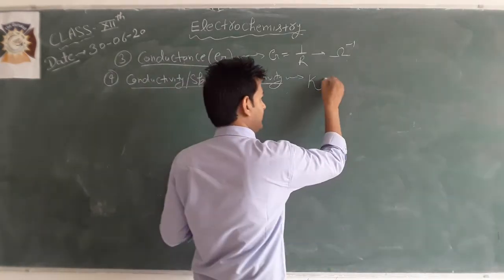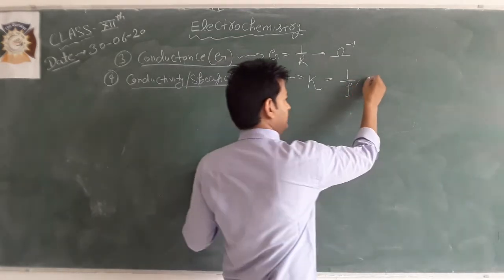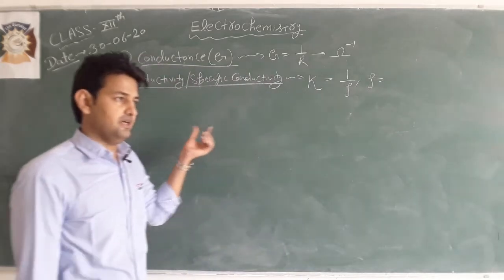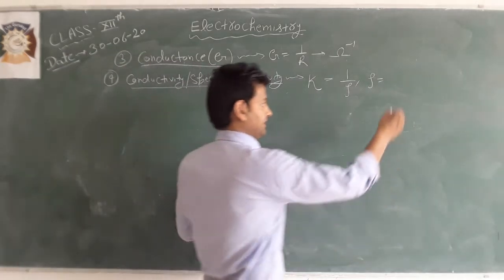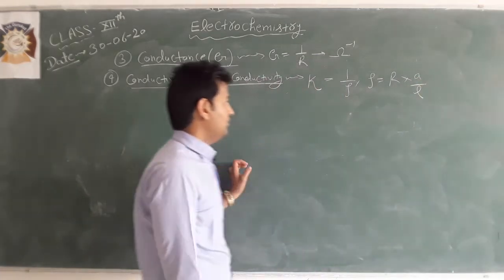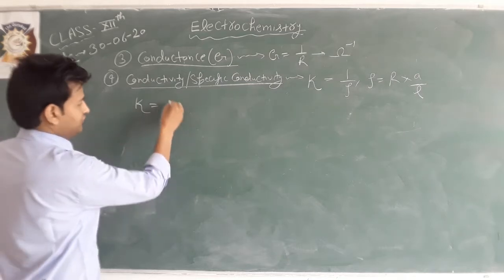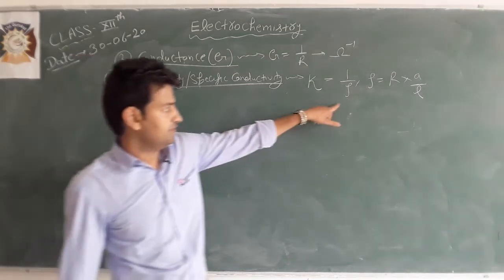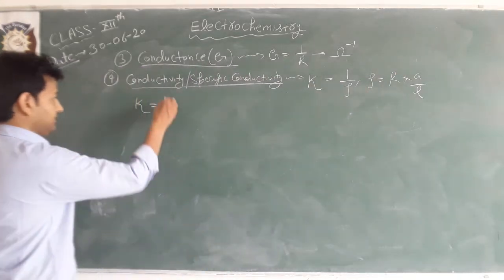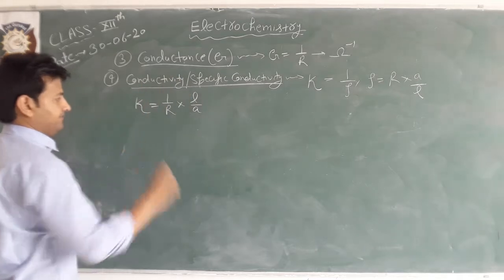Kappa is inverse of resistivity. And we know the resistivity, as we just found here, is R into A by L. Now kappa will come out to be equal to 1 over rho. So it is 1 by R into L by A.